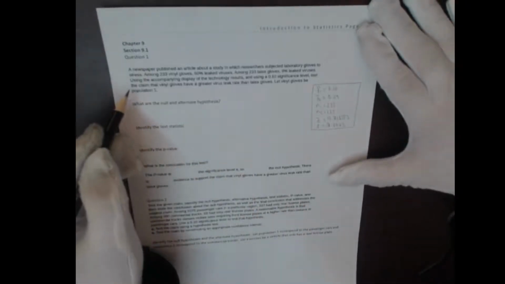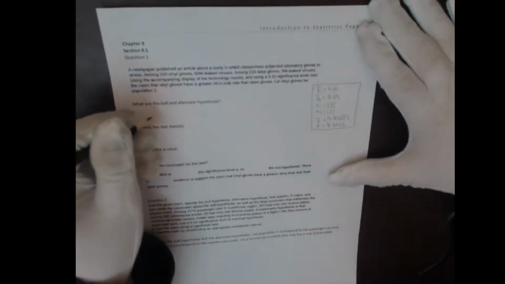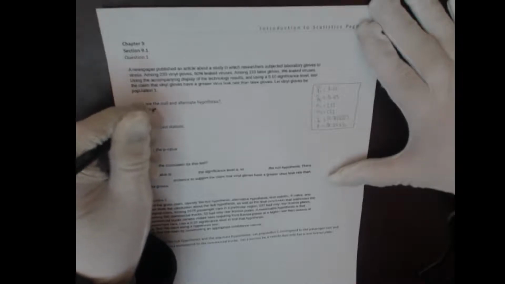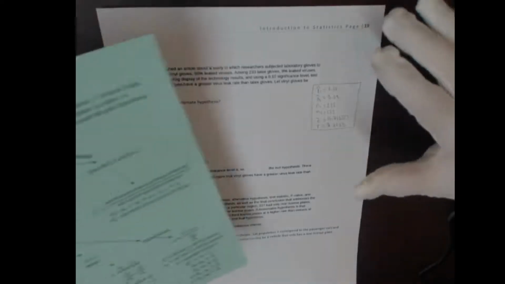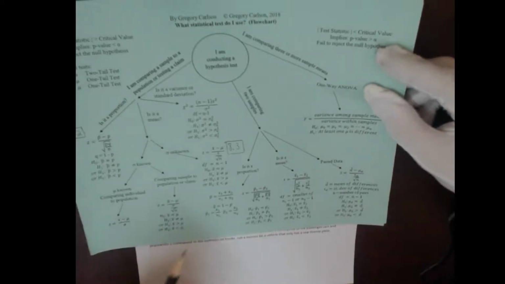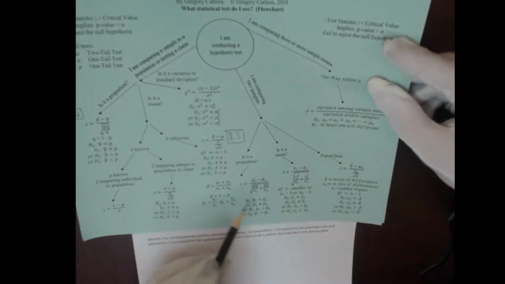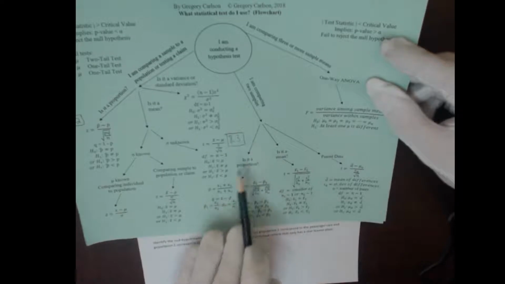Okay, so the question is, what is our null hypothesis and what is our alternate hypothesis? First off, I hope you recognize that what we are talking about here is a proportion, because what we're looking at is the percent of gloves that leaked virus, so we would be using these proportion tests down here.